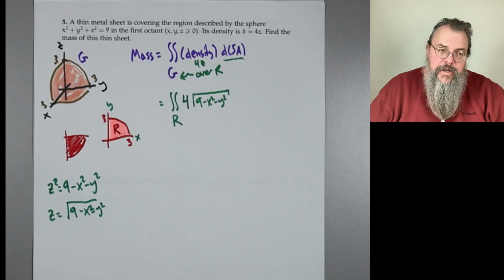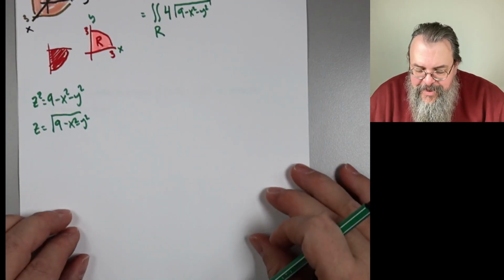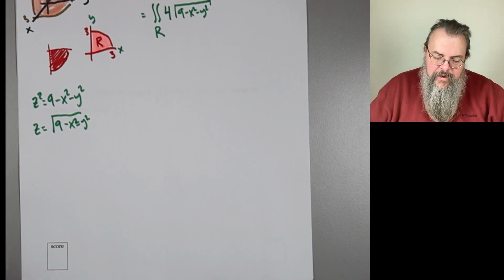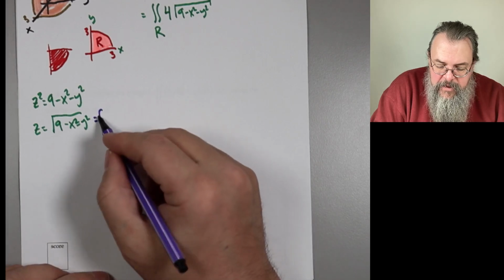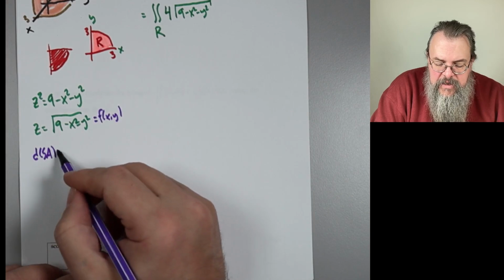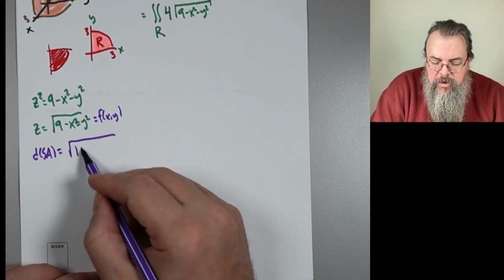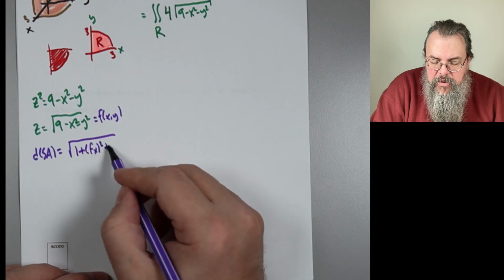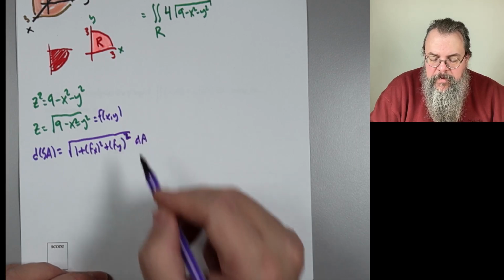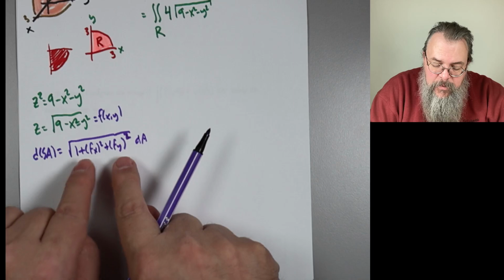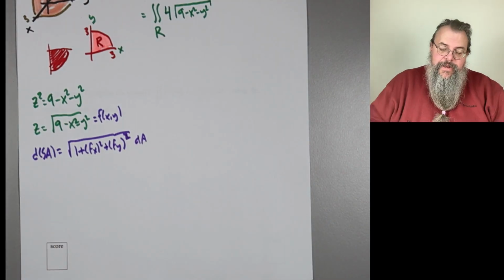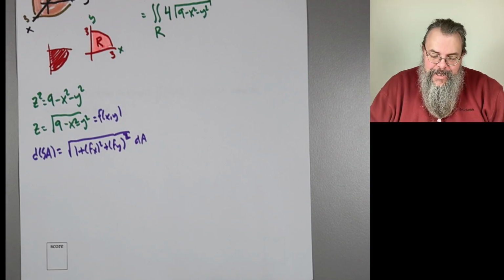Now we have to do this dSA part. That's going to be a whole computation. Let's come down here and run this computation. So this is our function, this is our f of x, y. And dSA is the square root of 1 plus f sub x squared plus f sub y squared times dA. So we need to figure out what this is, and fingers crossed, it's something simple enough that we can actually figure out the integral.